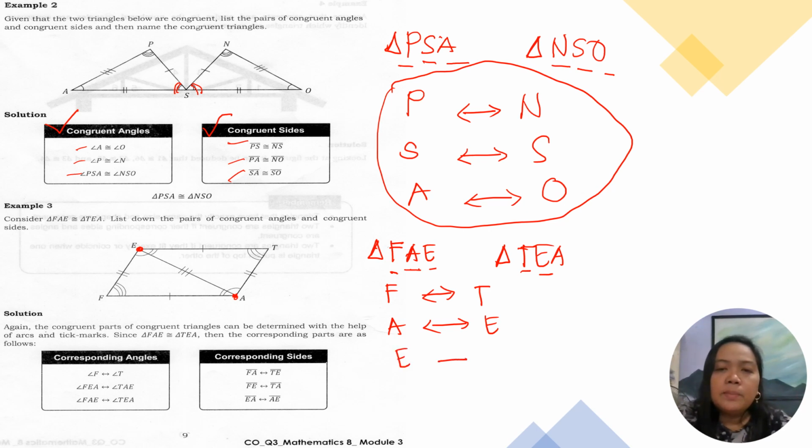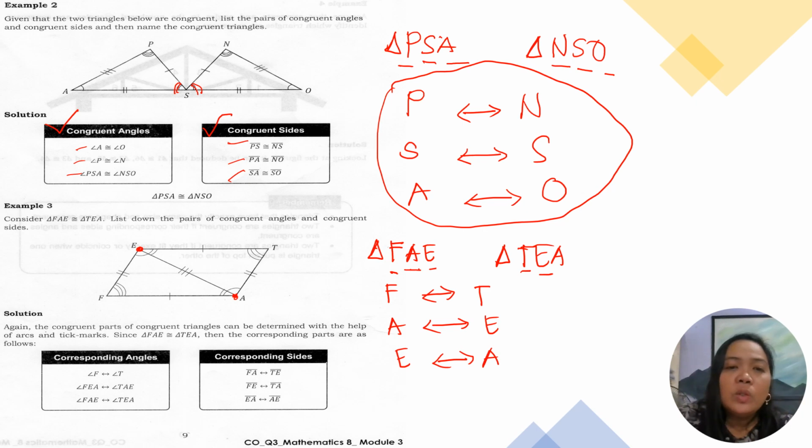Vertex E corresponds with vertex A. That means to say, you can rotate triangle TEA so that T will fit with F, your A will fit with E, and your E will fit with A. Do you get that?